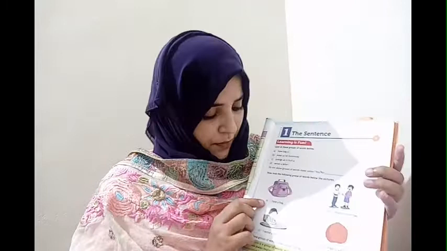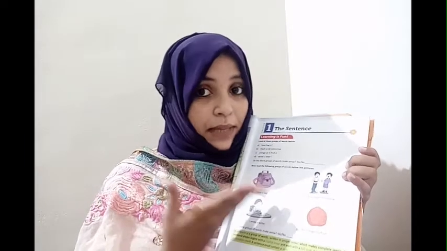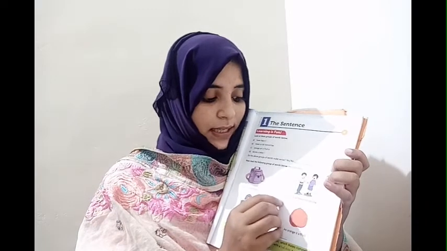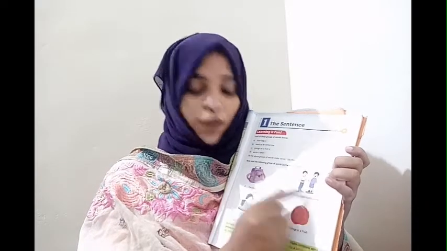First one. I have a bag. This is correct. It makes complete sense, because it's arranged in an order, starting with a capital letter. And here, let us meet tomorrow. Start with capital letter L and end with full stop. Then here, I wrote a letter.